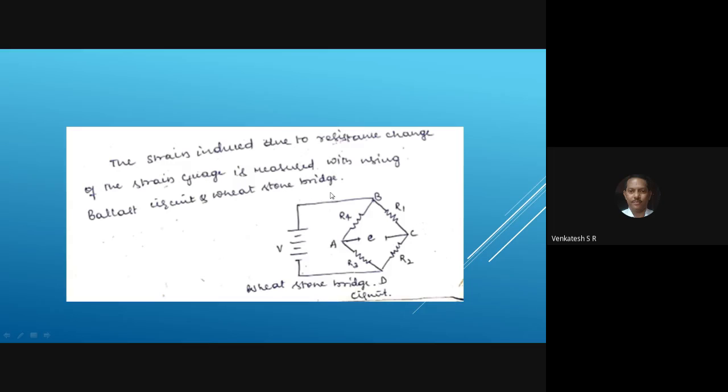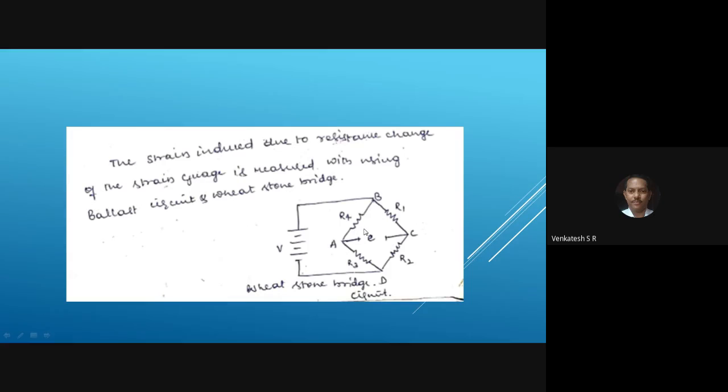This is the Wheatstone bridge used for measurement of resistance. See here, you have to connect the Wheatstone bridge like this in the rhombus design, that is R1, R2, R3, R4, and you can use the equation R1 by R3 equal to R2 by R4.